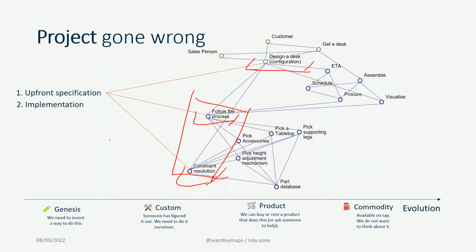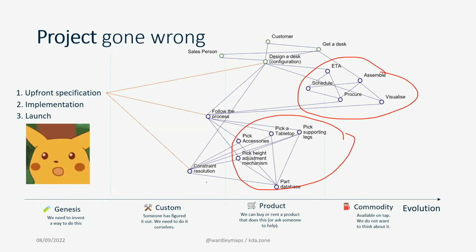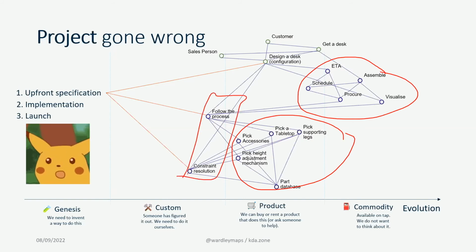So if you try to implement that, what will your team most probably do? They will start with implementing things they can do quite easily. So the first functionalities you will get will be this one and this one. And what you will get at the end, or perhaps after launch, you will get the Pikachu face, because those things don't work as expected. Lots of frustration, lots of litigation possible. You don't want to get into that situation.